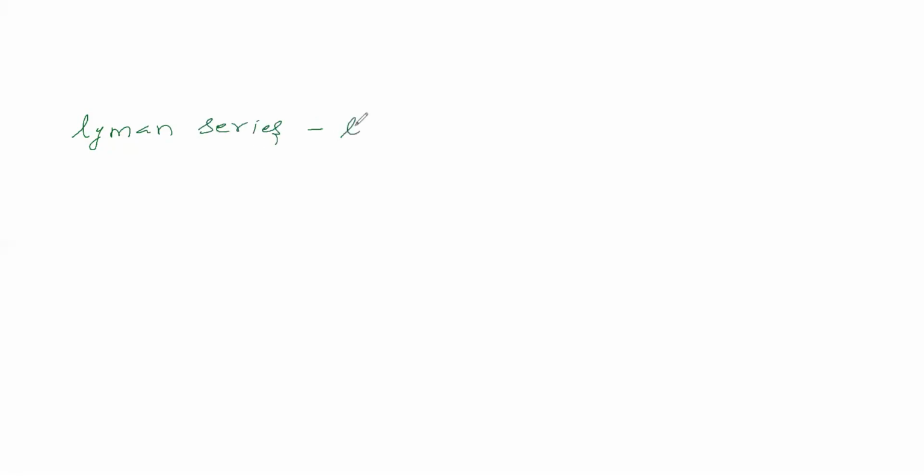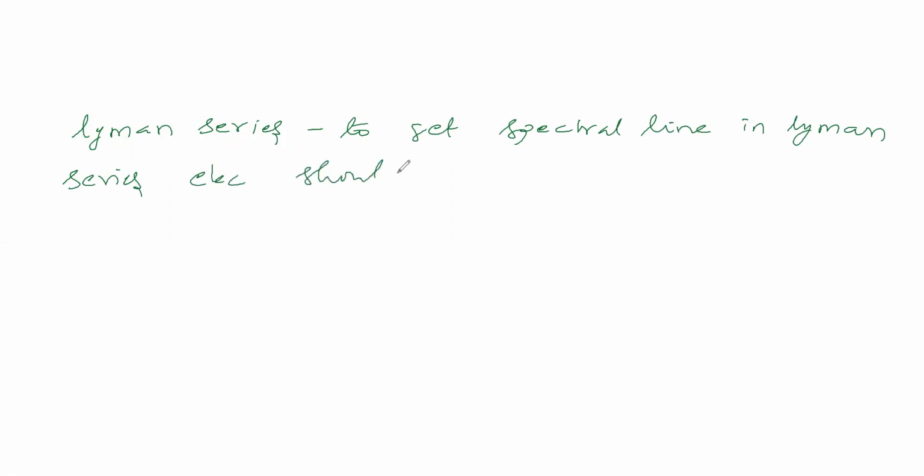To get a spectral line in the Lyman series, the electron should jump from a higher energy level to the first level.